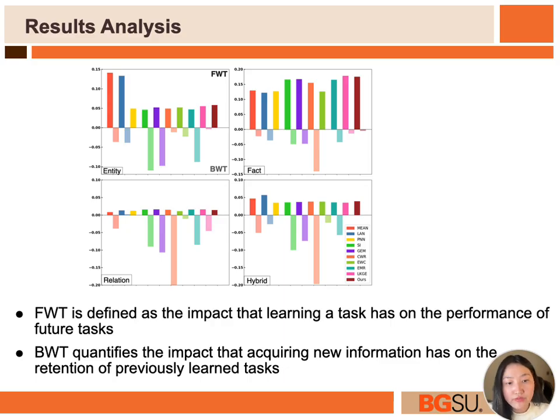As shown in the figure, our model achieves a BWT value close to 0, indicating minimal forgetting of prior knowledge. This exceptional retention performance highlights our model's superiority over others in managing continual knowledge graph learning challenges.